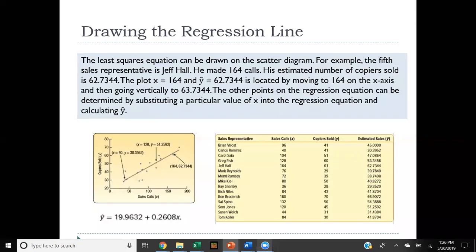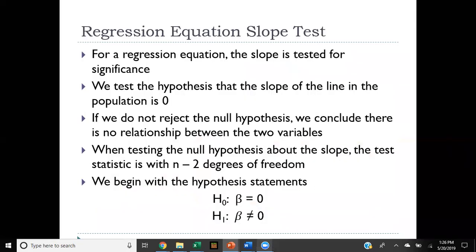So let's go back to this last part of the regression equation. Now, we also test the regression equation slope for significance. Basically we test whether the slope of the line in the population, and not in the sample, is 0.